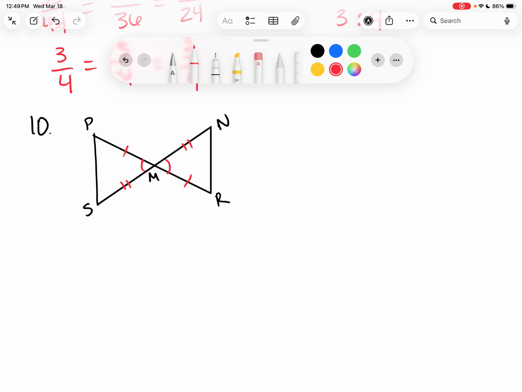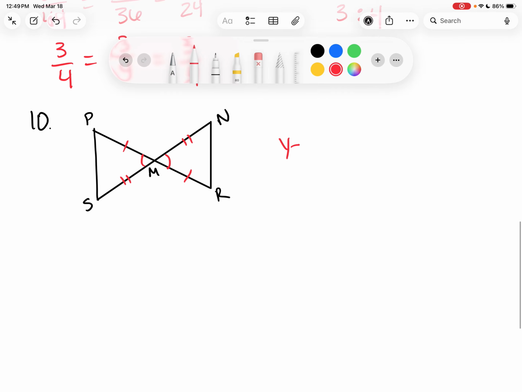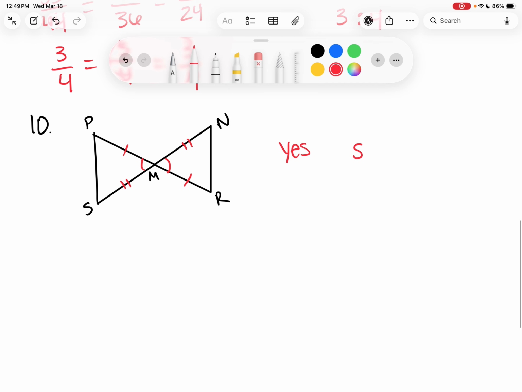So essentially, we have angle, which was the one we had in the last section. We have side, or we have side, angle, side. So which situation would we have here? Yep, side, angle, side. So these are similar. So yes, it's side, angle, side.